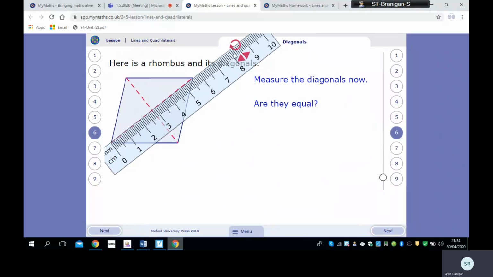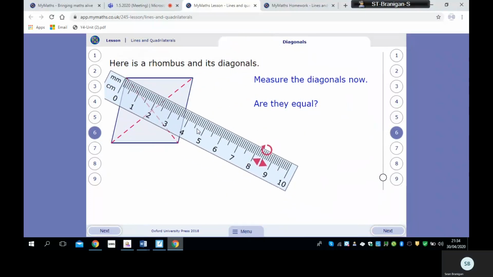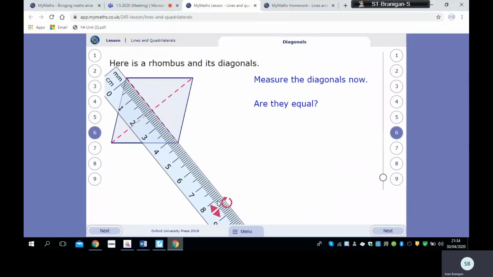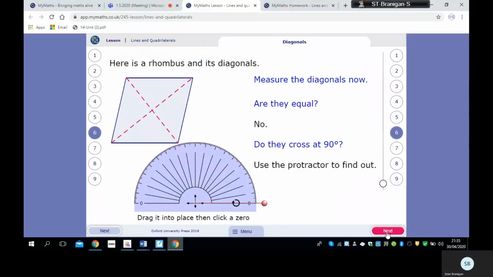As you can see. Now the interesting thing here is the rhombus does actually have diagonals that are the same length, like a square, so it creates a right angle too.